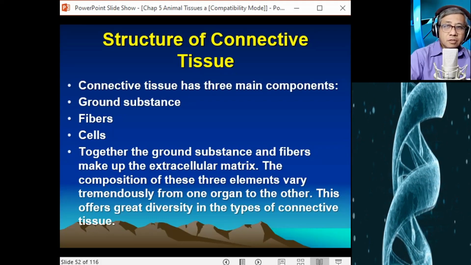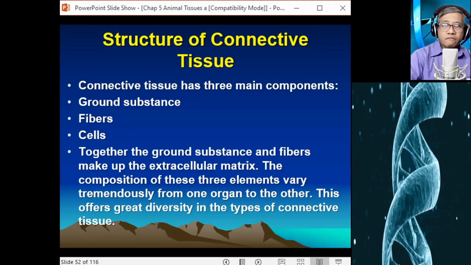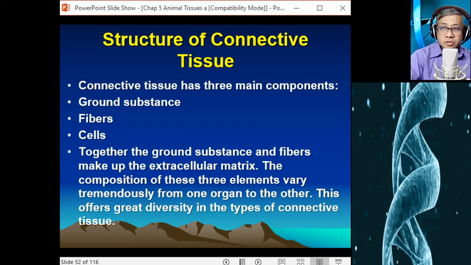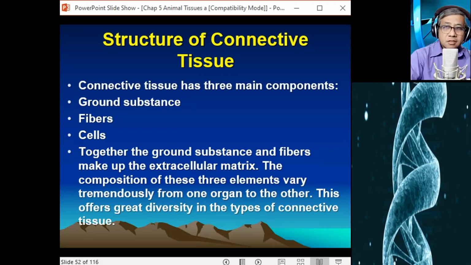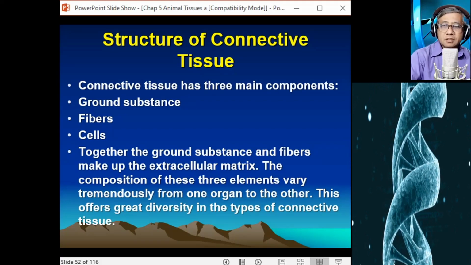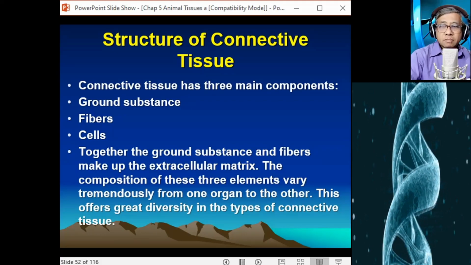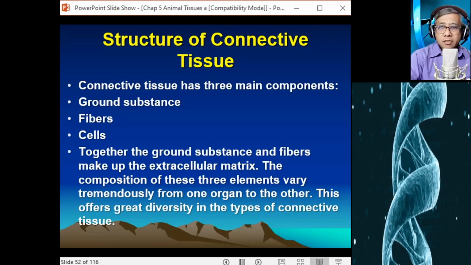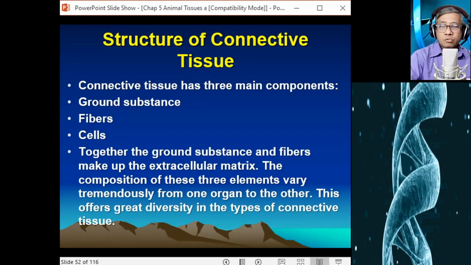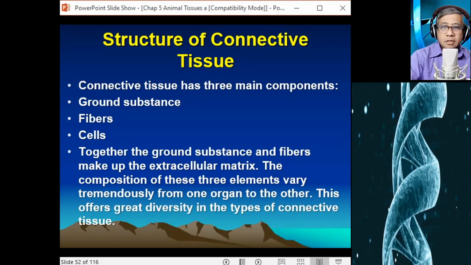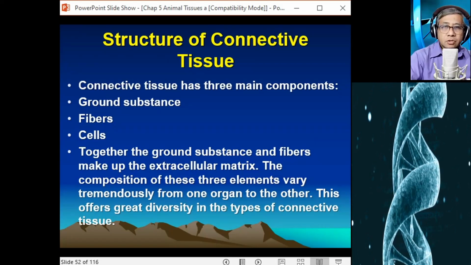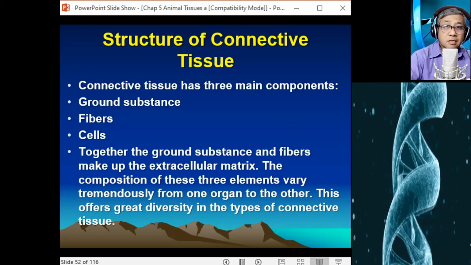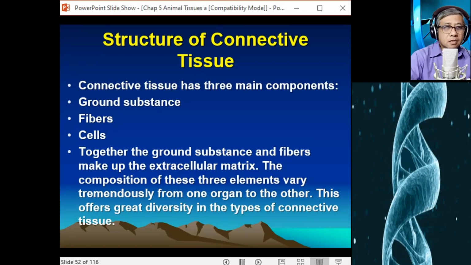Together, the ground substance and fibers make up what we call the extracellular matrix. The composition of these three elements varies tremendously from one organ to the other, and this offers a great diversity in the types of connective tissue. So the extracellular matrix really determines the type of connective tissue.